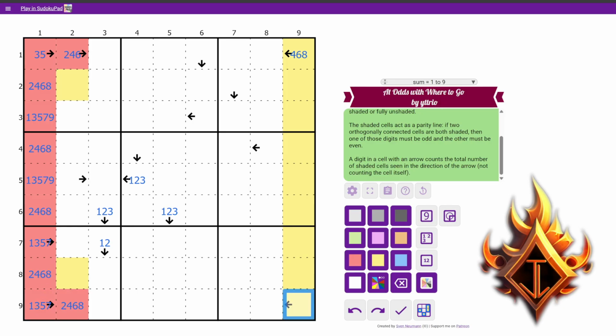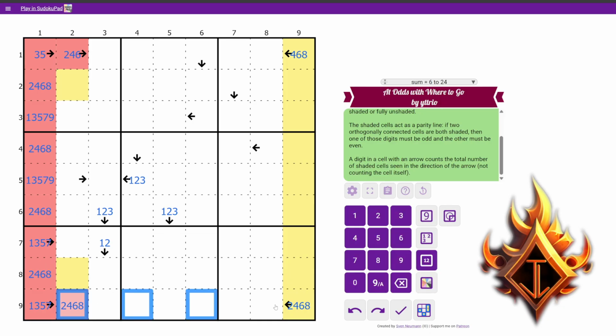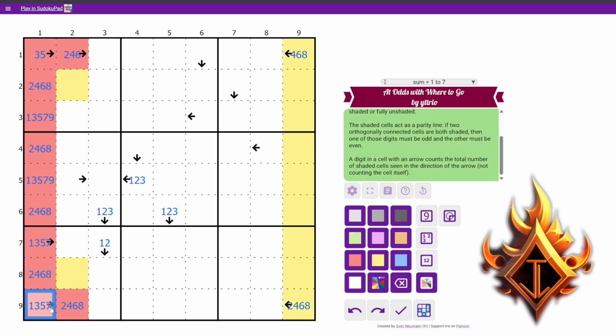So it will be 1 higher. So it is 2, 4, 6, 8 at the moment. So that is true. Again, if this was 7, then it would be all of them. They would all be parity, and it would again be 5 even. So that cannot be 7 either.